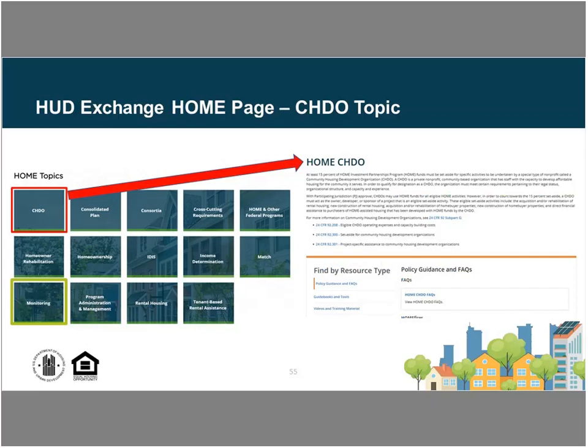And so by clicking on any one of these topics, and in this case we're highlighting the HOME CHDO, you're able to not only pull up regulatory examples on this, but also frequently asked questions that have been issued, guidebooks, training. So this can be a really useful go-to.